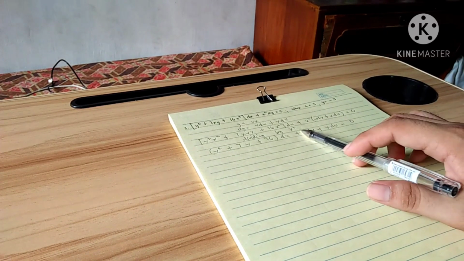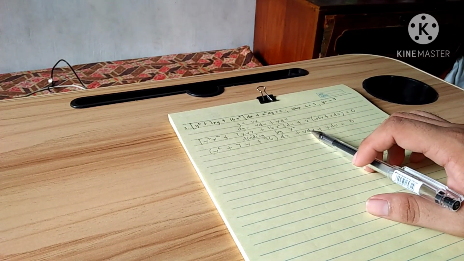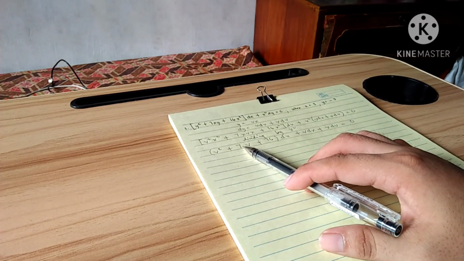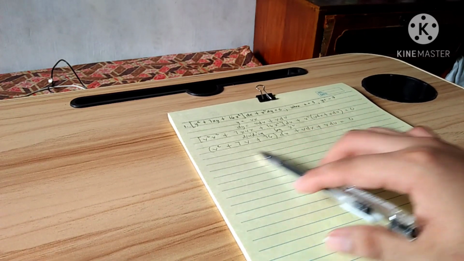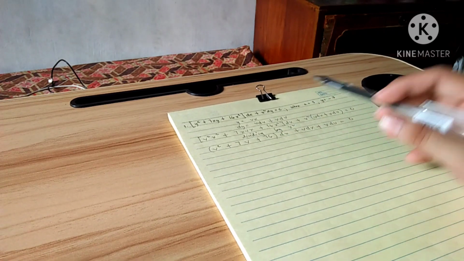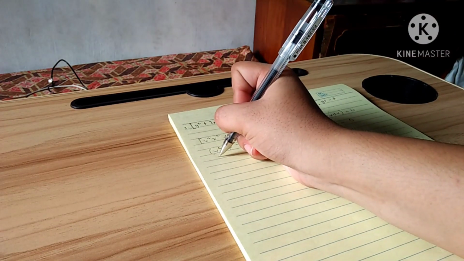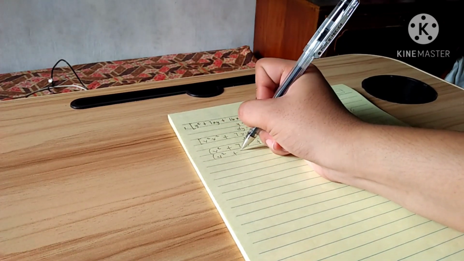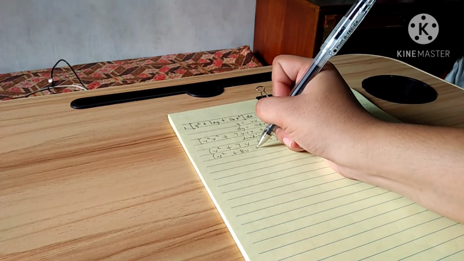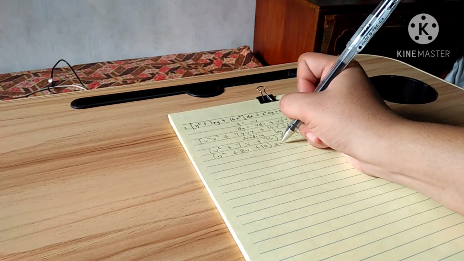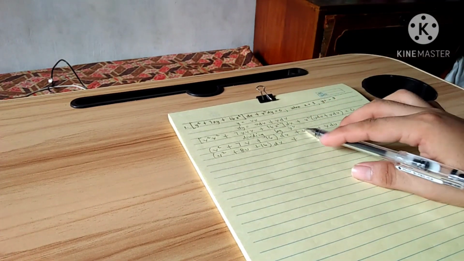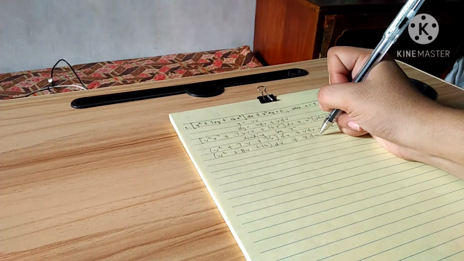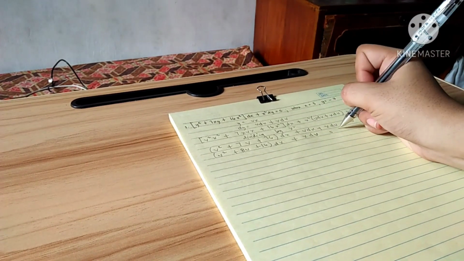So since meron tayo dito isang v dx, pwede natin siyang pagsamahin na lang dito sa 7 so that maging divisible ito by 4. Para maging mas madali yung equation. V squared plus 8v plus 16 dx plus, since naalis na to, ito na lang, x dv. X dv is equals to 0.